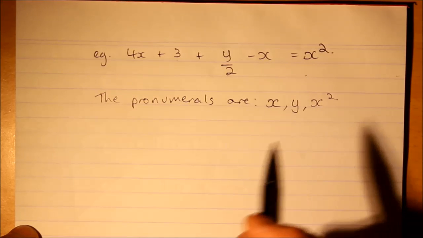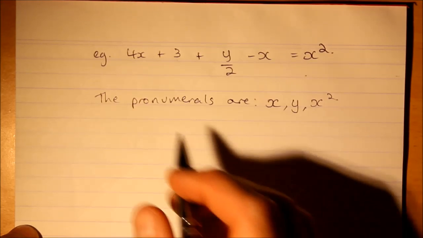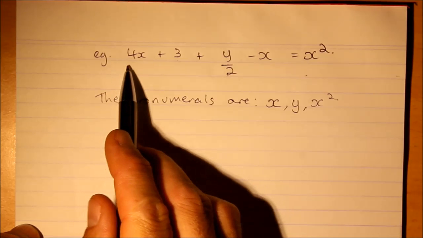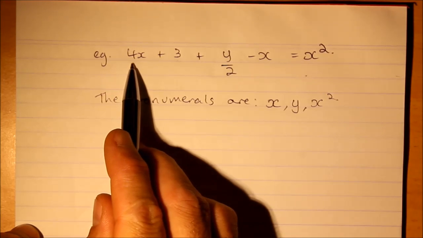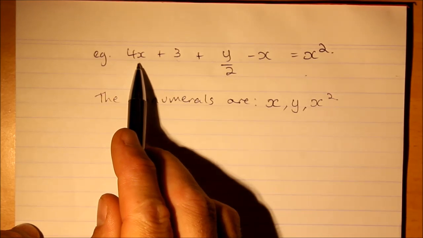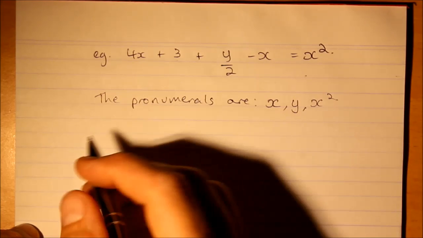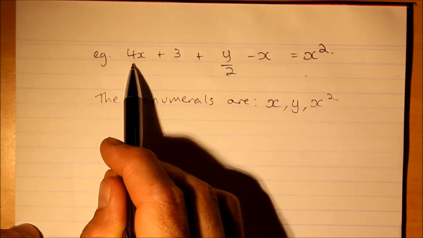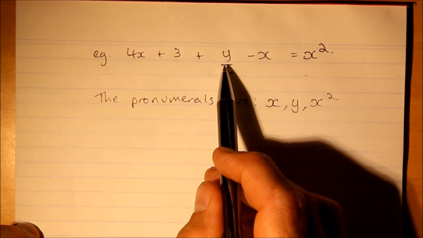Now, a coefficient is another term you'll come across. What is a coefficient? Well, a coefficient is the number that's in front of the pronumeral. So let's take a look here. There's a coefficient of 4. Now what's the coefficient here?